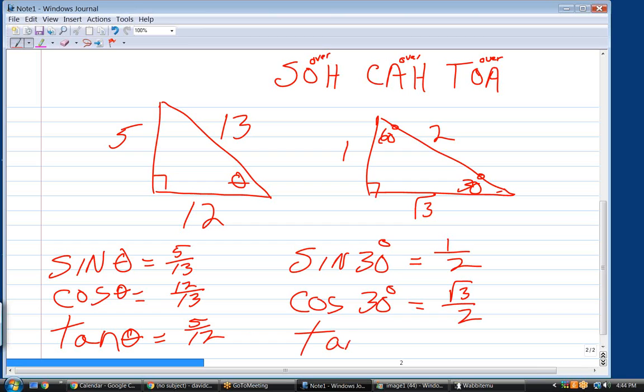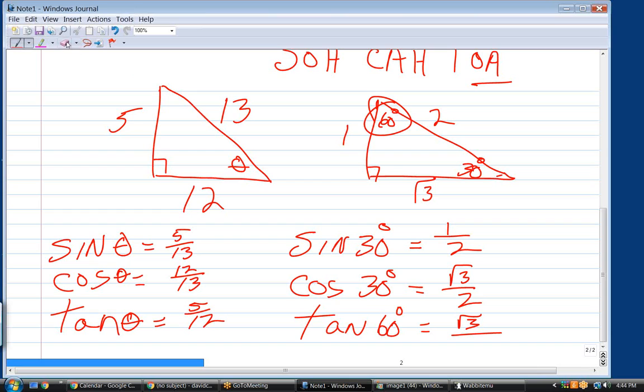And what would the tangent of 60 degrees be? That would be opposite? 2 over 1? No. Start with the angle. In other words, start up there. What's the opposite side? Square root 3. And what's the adjacent side? 2.